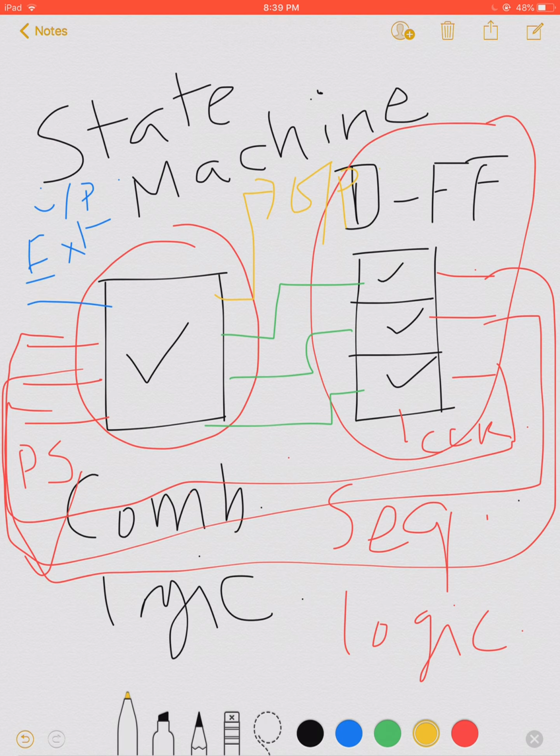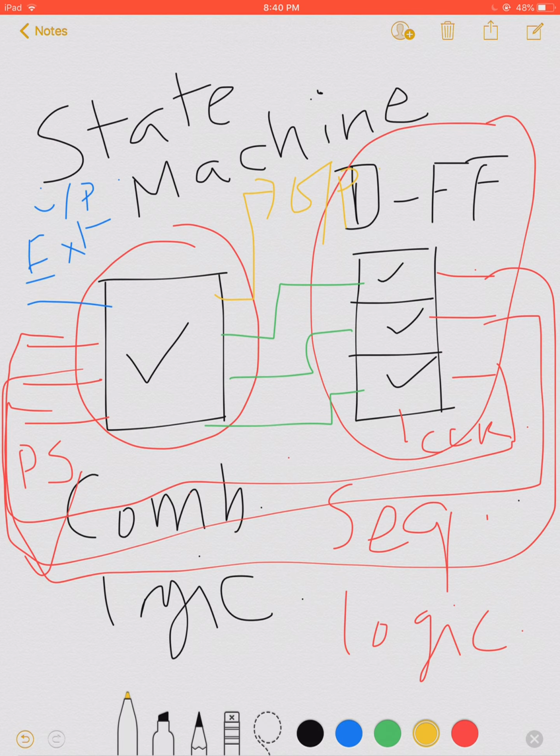You may have only states. In that case there will not be any external input or external output, there will be a combinational logic block, and obviously there will be a series of flip-flops according to the number of states in the circuit.